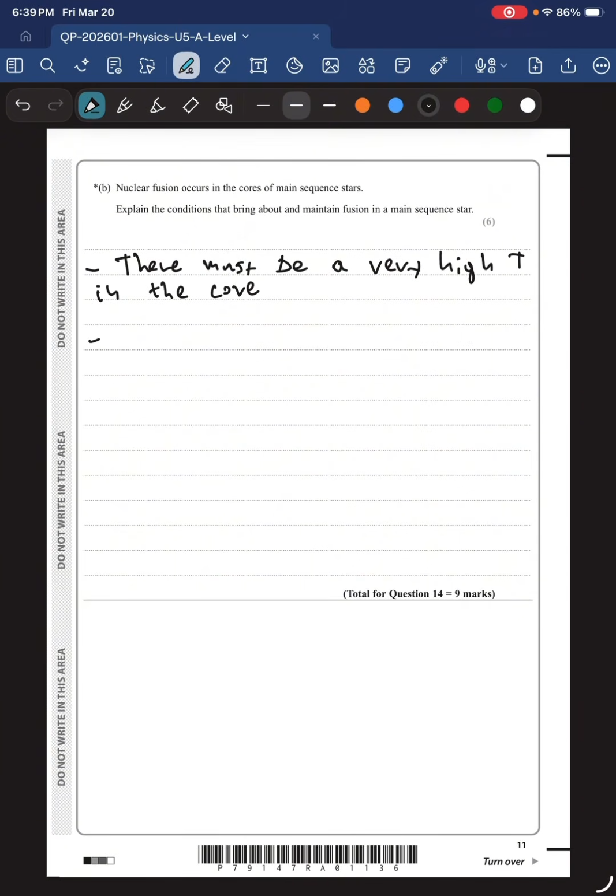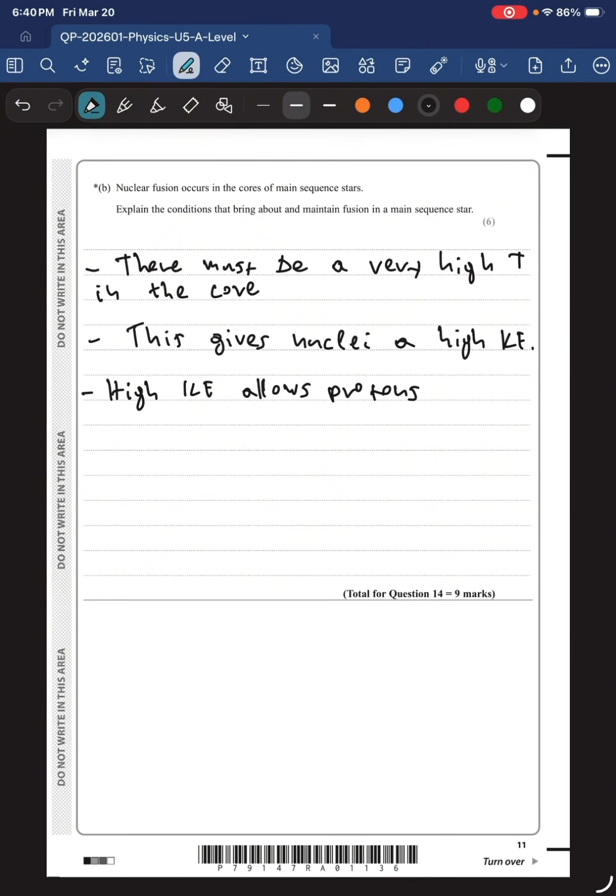Okay, this gives nuclei a high kinetic energy. High kinetic energy allows protons to get close enough to fuse.